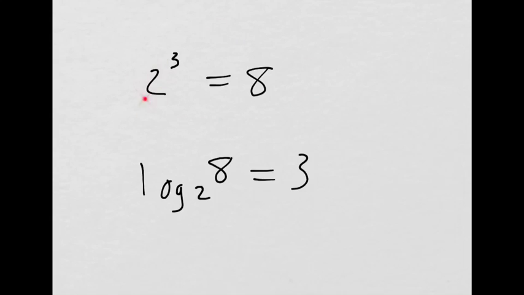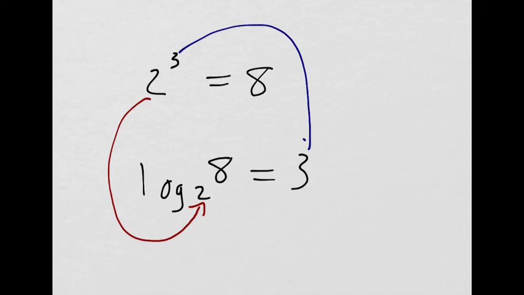Can you see where each of these components went? Where did the base of the exponent go? Right next to the log. It became the base of the log. The smaller number down here, we call that the base of the logarithm. The exponent up top, where did that go? That's what the logarithm is equal to. And then the 8 became the argument inside the logarithm function.